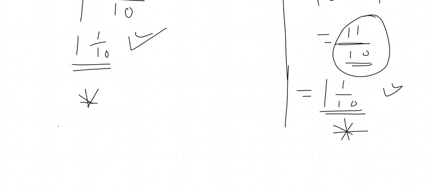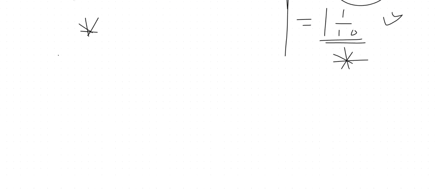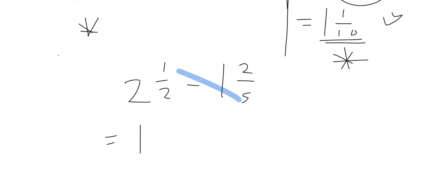So let me just summarize the other method, which I think is going to be faster. I started by subtracting the whole parts. 2 minus 1 is 1. Then I started by multiplying these two together, 5 times 2, and I say 10.